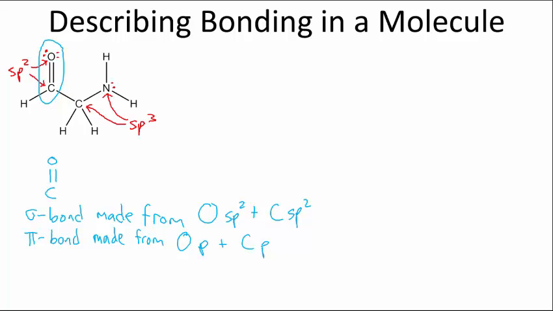All right, now on that oxygen, there are two lone pairs. What kind of orbitals are those occupying? Those are occupying the sp2 orbitals.